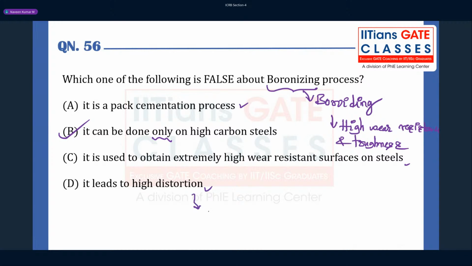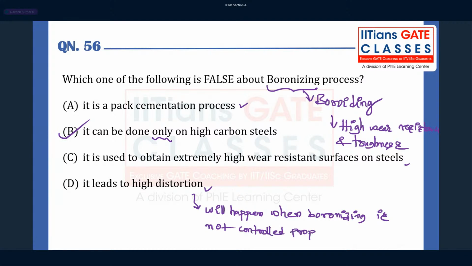This will happen when boronizing is not controlled properly. Okay, next.